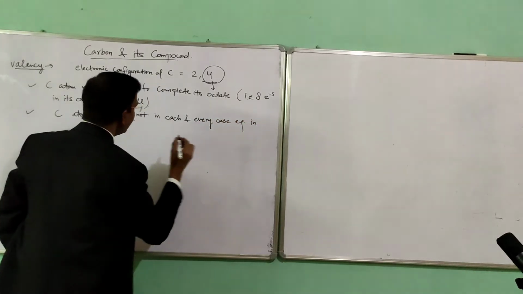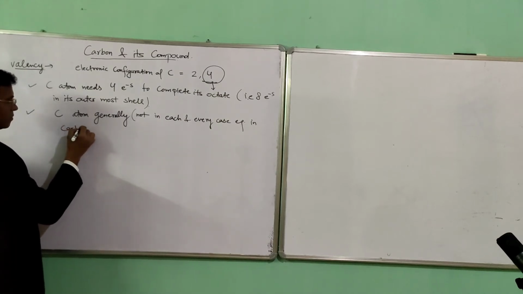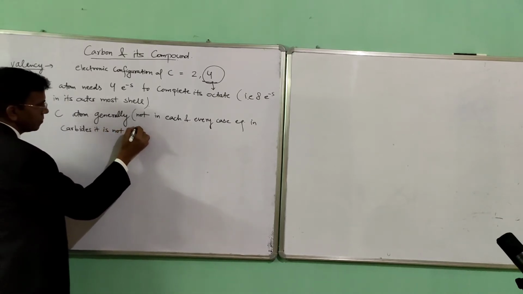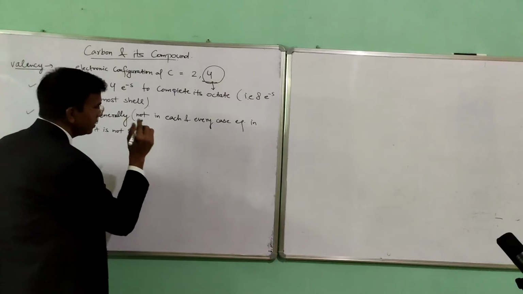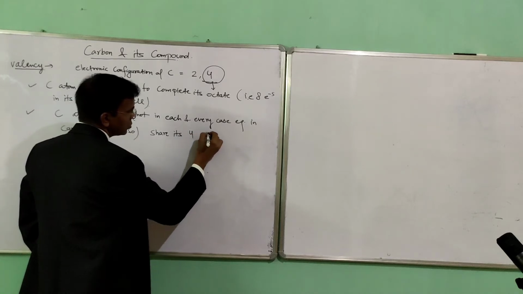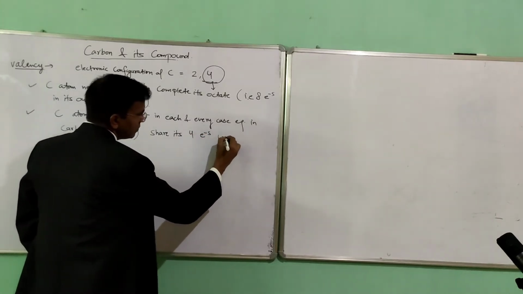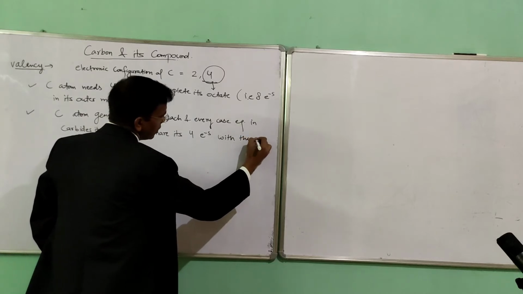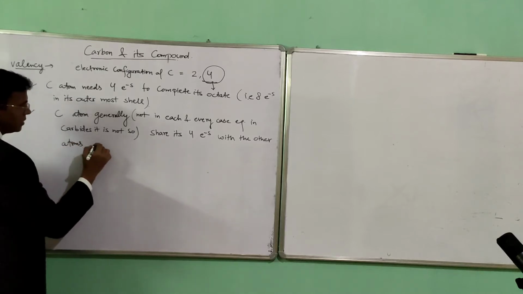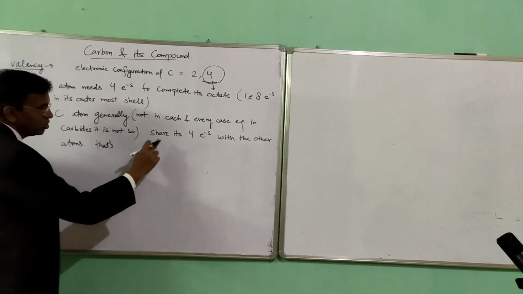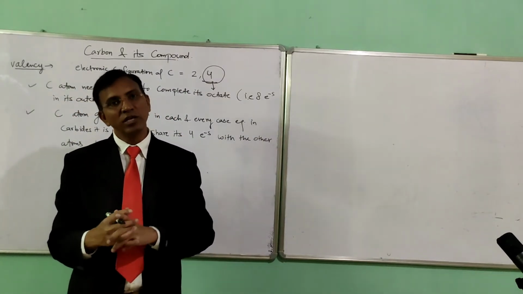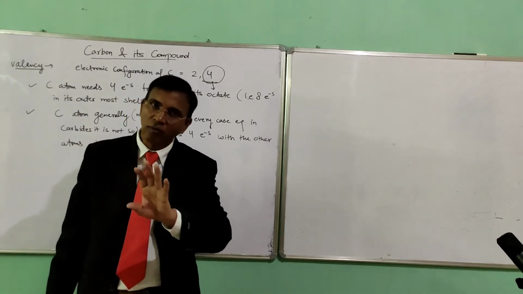For example, in carbides, it is not so, right? So carbon atom generally shares its 4 electrons with the other atoms. That's why it shares its electrons, that means it forms the covalent bond, because by the sharing of the electrons the covalent bond is formed, right?